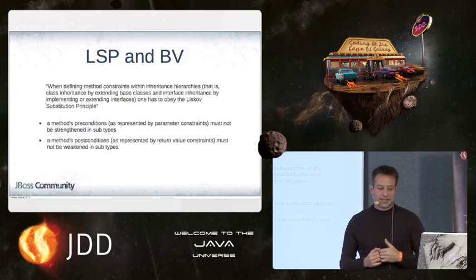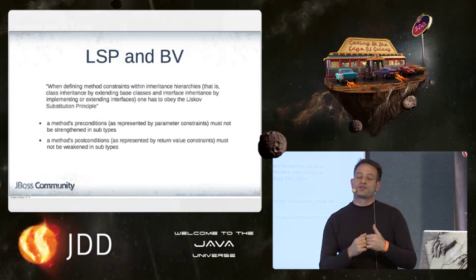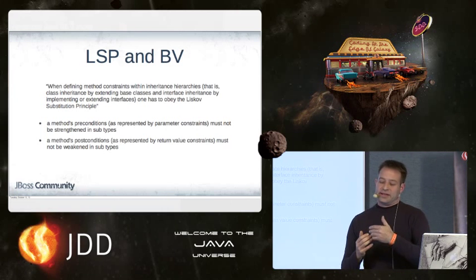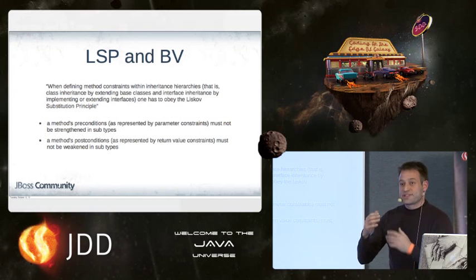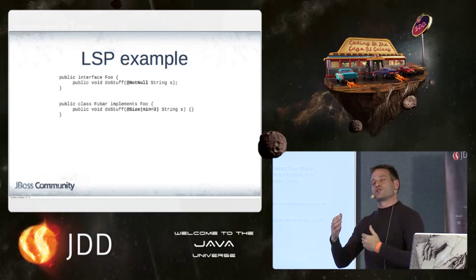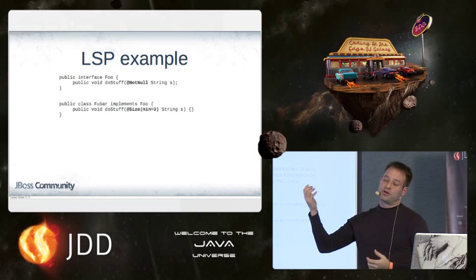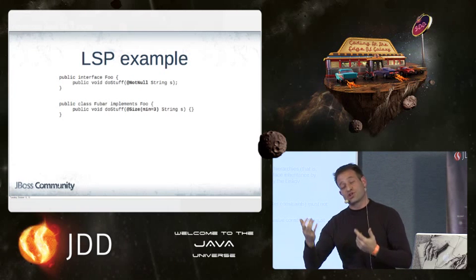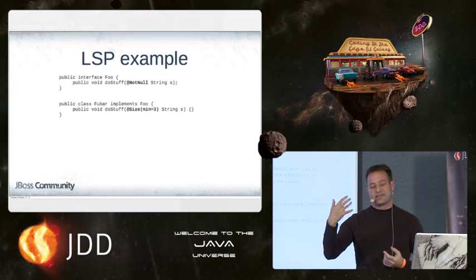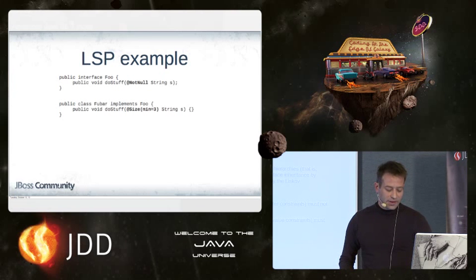That means you cannot place additional constraints in a method of a subclass or a method implementing an interface, because you would add additional constraints. If I then had a reference to the interface or the base class and validated it, it would not behave the same, or potentially I would validate more constraints than if I had the parent or the base class.